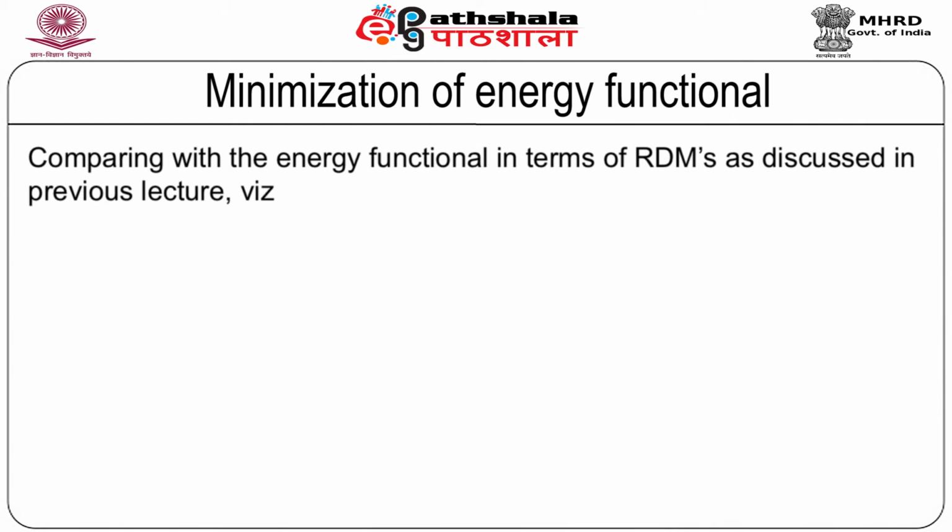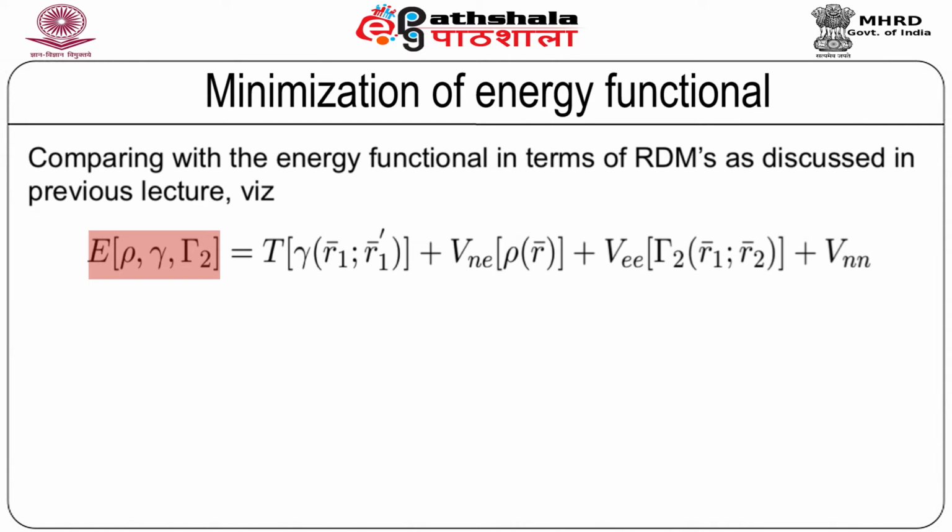Comparing with the energy functional in terms of the reduced density matrix as discussed in module 21, which was given by energy functional of ρ, little gamma and capital Gamma 2, equal to the kinetic energy functional, the V_ne, which depends on ρ, plus V_ee, that depends on the reduced density matrix Gamma 2, plus V_nn.